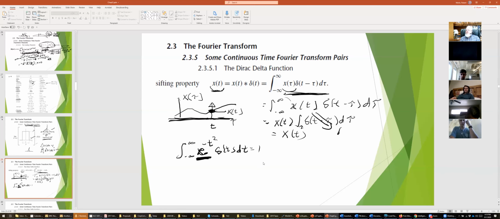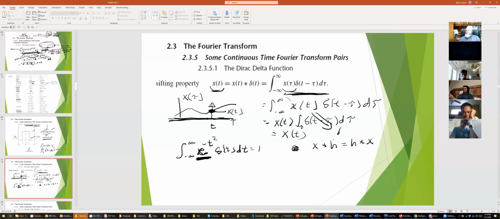Now, convolution is commutative, right? If I were to ask you to prove this, how would you prove it?